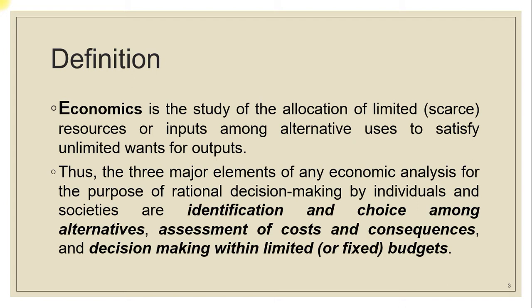Then the second element is assessment of cost and consequences. When we are choosing among the alternatives, we have to also think about the cost associated with the selection of alternatives. If you see the example of motor vehicles, cars that run on petroleum products are still in our budget. From 2 lakhs, 2.5 lakhs, 3 lakhs we can get a car.